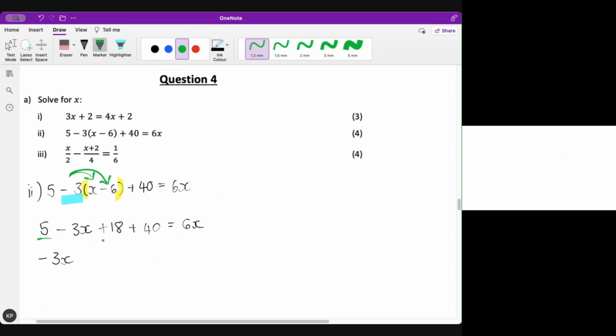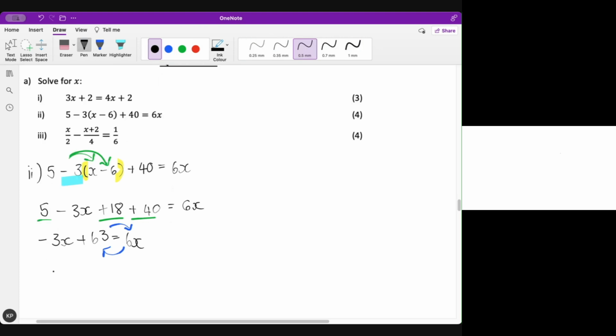But we have a 5 plus 18 plus 40, and how much is that? 63, I think. There we go. Plus 63, and this is equal to 6x. Now I'm going to move my 6x over to the left-hand side and 63 over to the right.